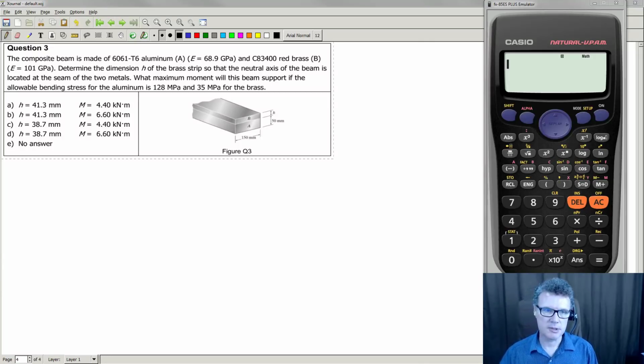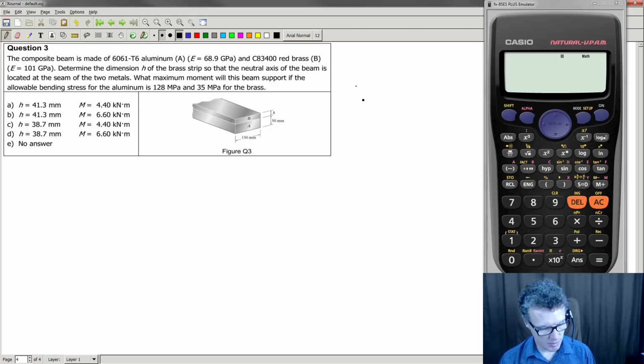Question 3 is a composite question and it's a bending problem. To tackle it, we're going to basically model this composite as if it was one solid material. So you've got to choose your base material.